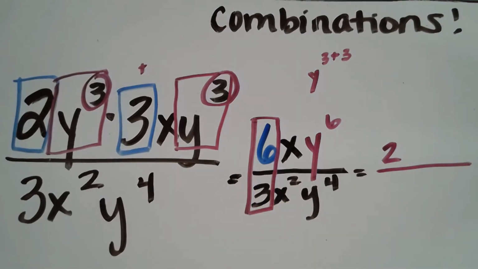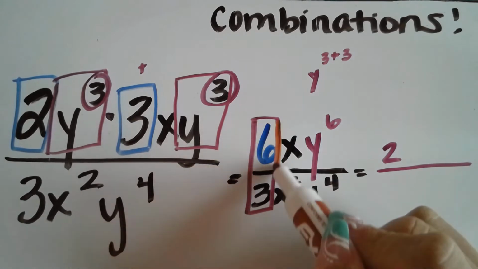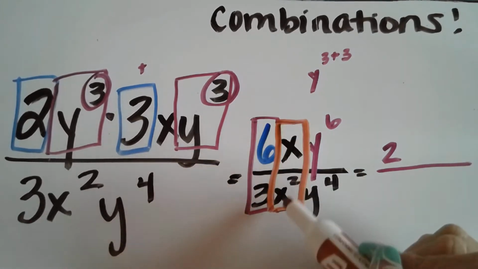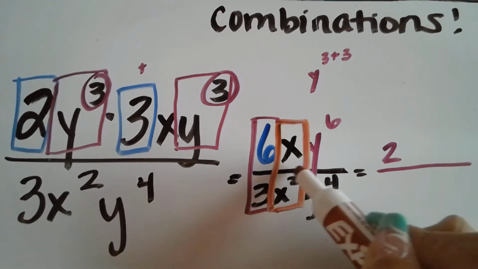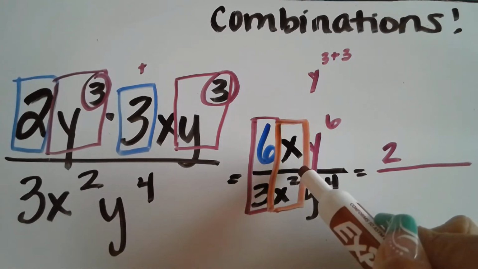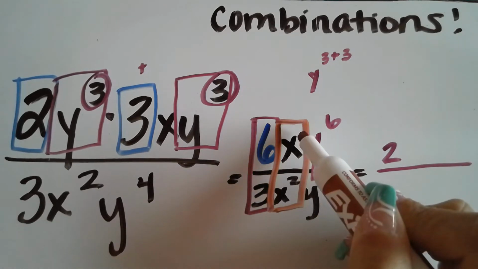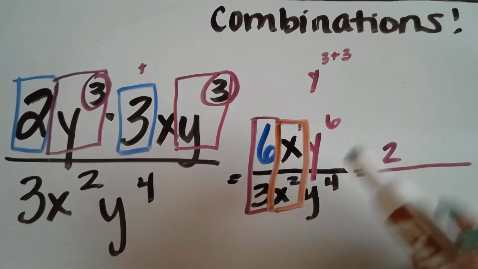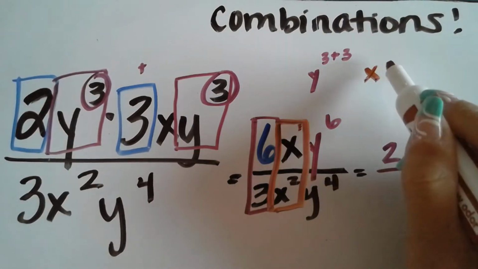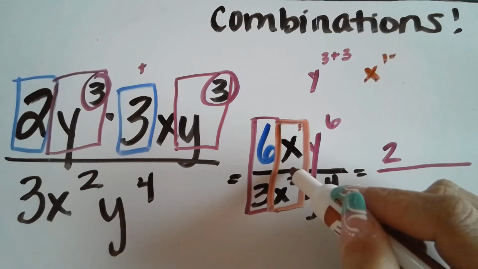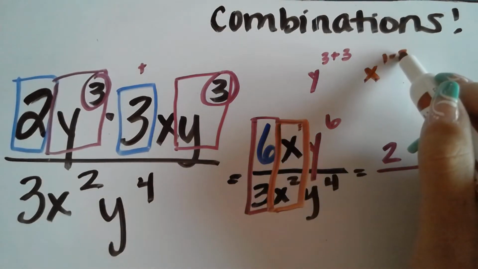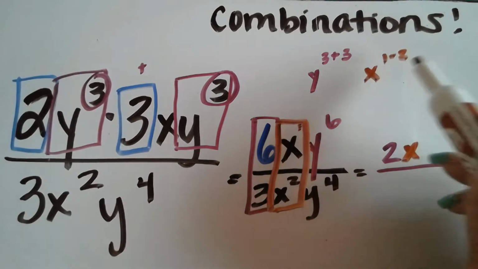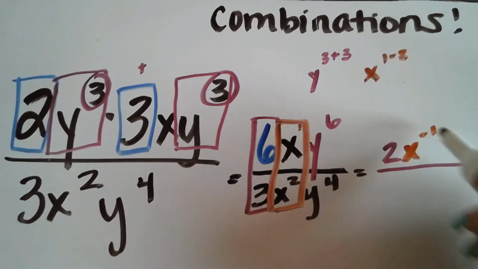Now we're looking at our x's. When we are dividing, we are subtracting exponents. The exponent that goes with this one is your imaginary 1. So this is x to the first minus, because that's your fraction bar, 2. So x to the 1 minus 2 is negative 1.